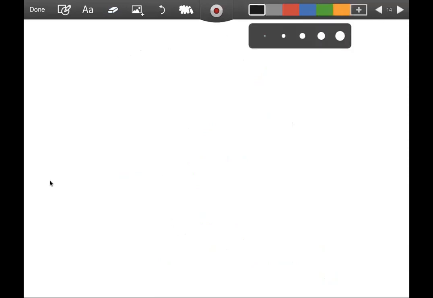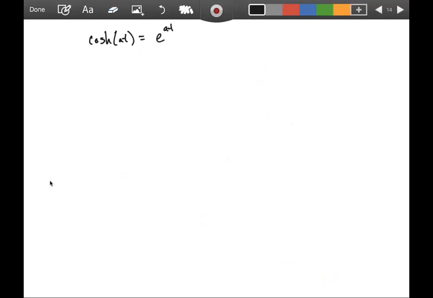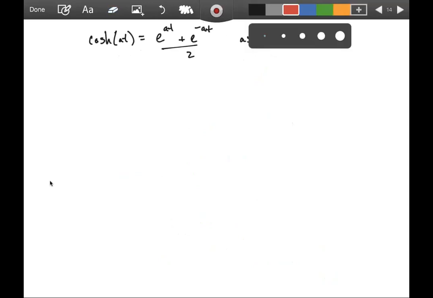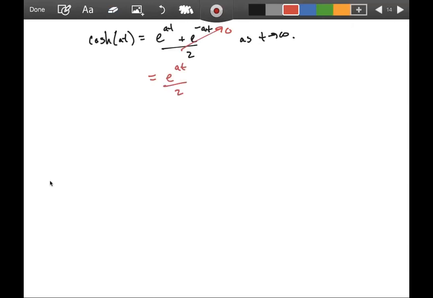We can rewrite the hyperbolic cosine of a t as e to the at plus e to the minus at, all divided by 2. Now, let's look at what happens as t goes off to infinity. The second term simply goes to 0, while the first term survives, which means this thing becomes e to the at divided by 2.